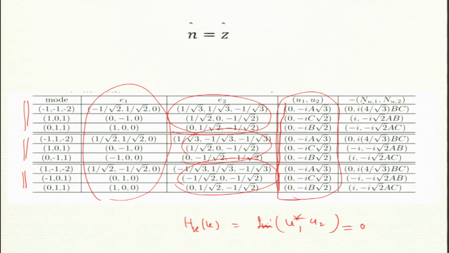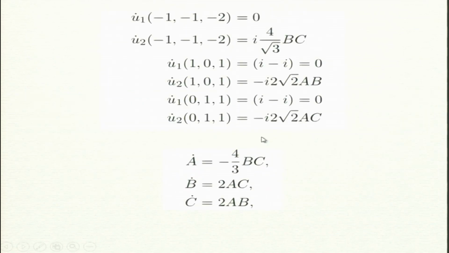Okay. Now this is what I used the code for. I used the code, and I find that the nonlinear terms for U1 and U2 are these. So now this work you have to compute, and once you do it, finally you will get these equations.